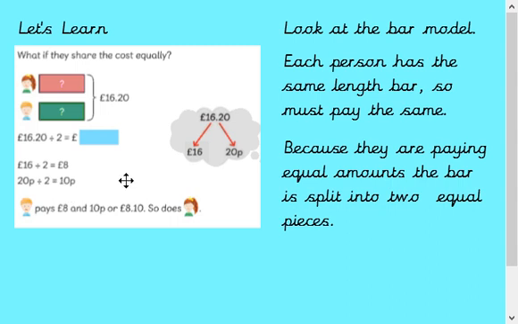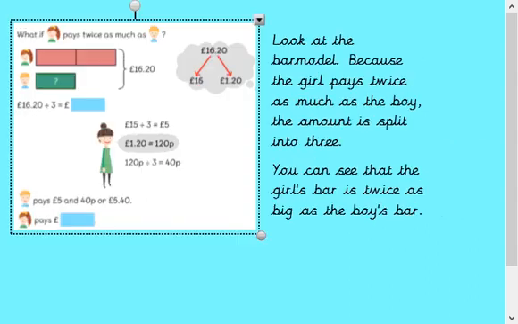This would mean that they would each have to pay, if we recombine that, £8.10 each. Just remember, when you are dealing with this particular question, 2 equal chunks. The bar model shows you that they're paying the same amount.